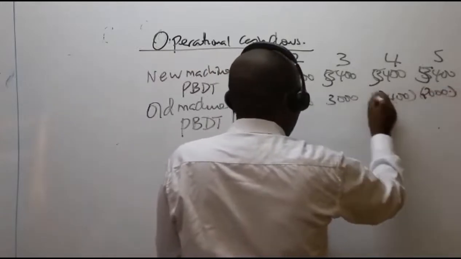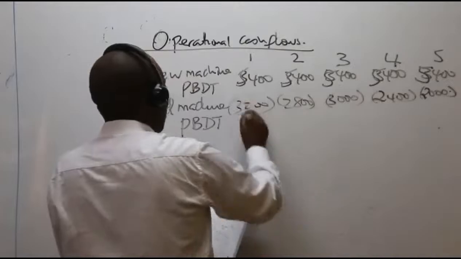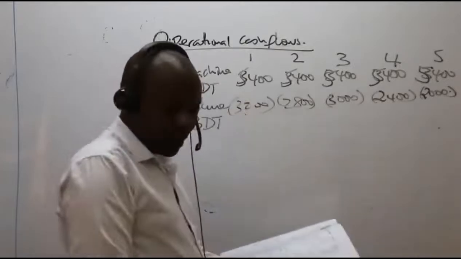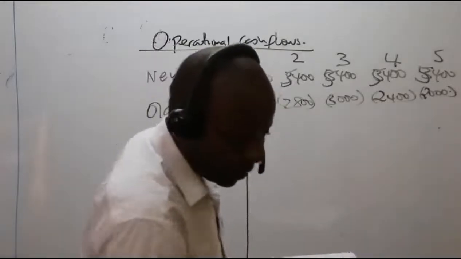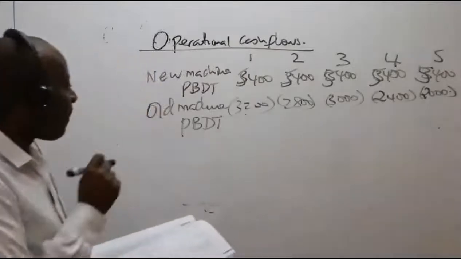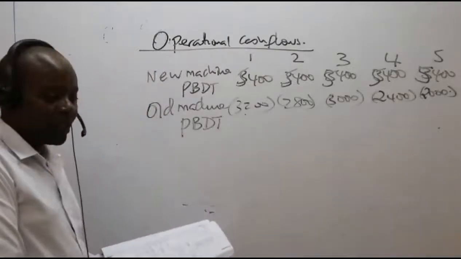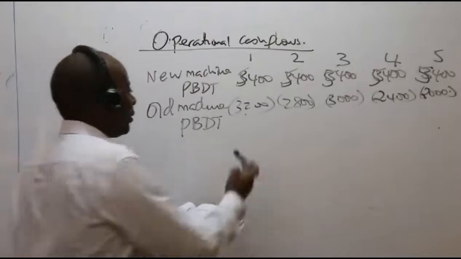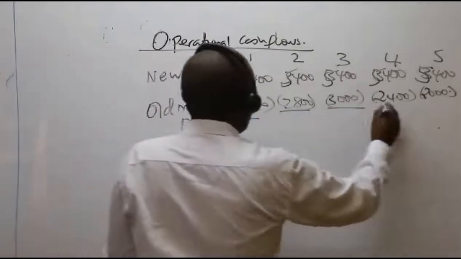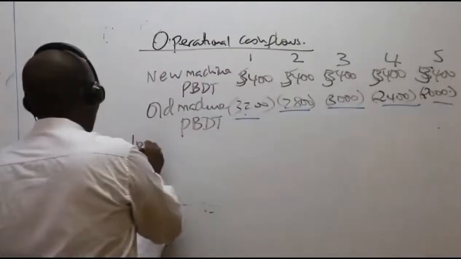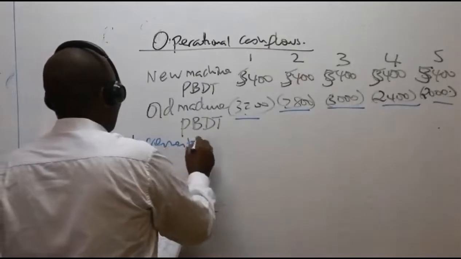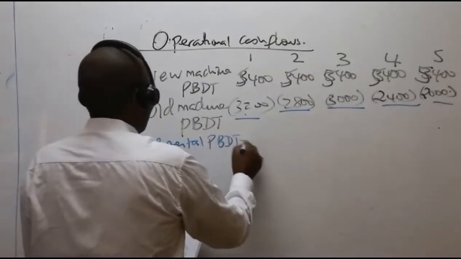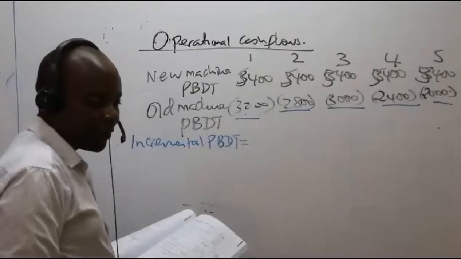So please subtract for you to get that incremental PBDT. Is there somebody who is able to give us that incremental PBDT?